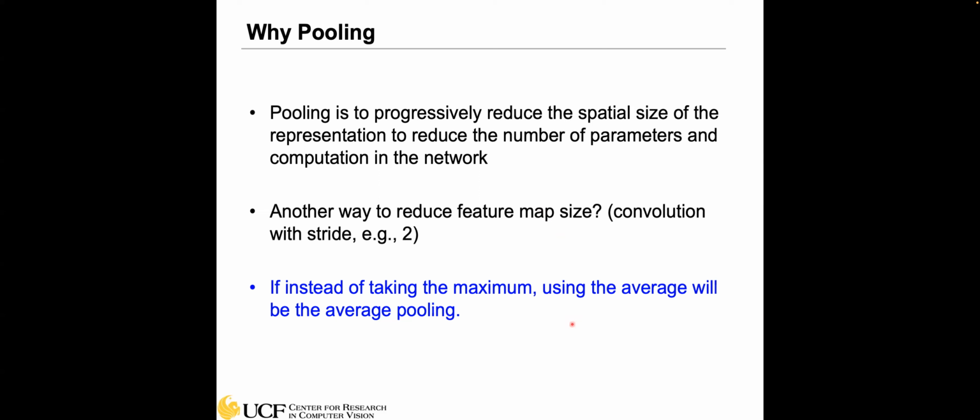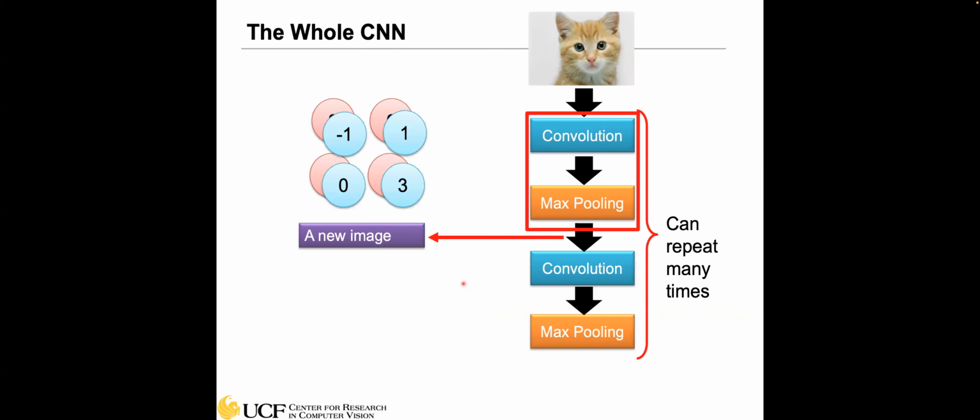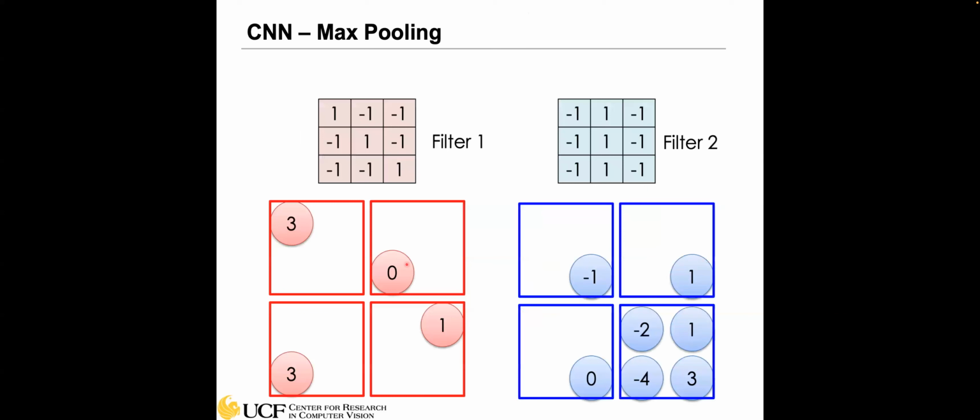Okay, so max pooling obviously comes from the maximum operation. You take the maximum in that pooling window. There are other options, like you can take the average, which is average pooling. For this window, instead of taking the maximum, I'll just take the average.